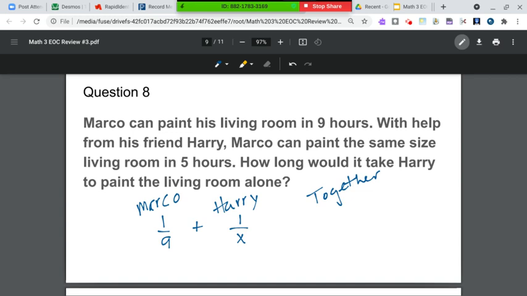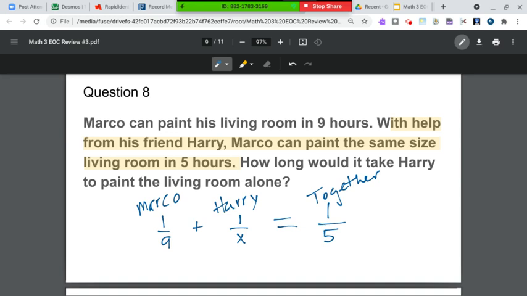But we know when Marco and Harry work together, because it says with help from his friend Harry, Marco can paint the same size room in 5 hours. That means Marco and Harry are working together, so it equals 1 over 5. 1 over time alone plus 1 over time alone equals 1 over time together.